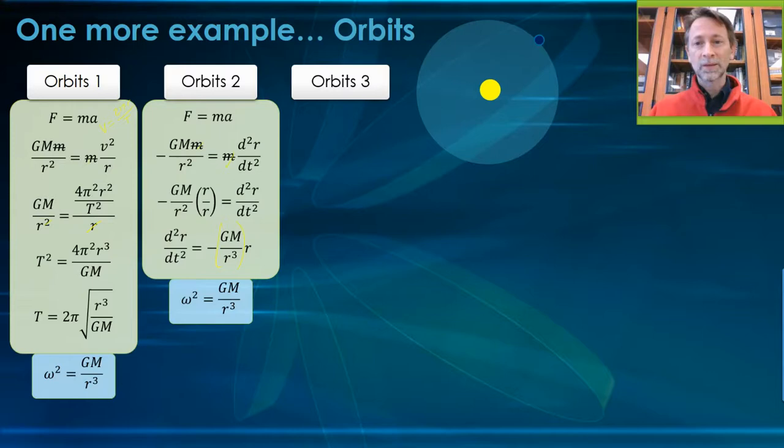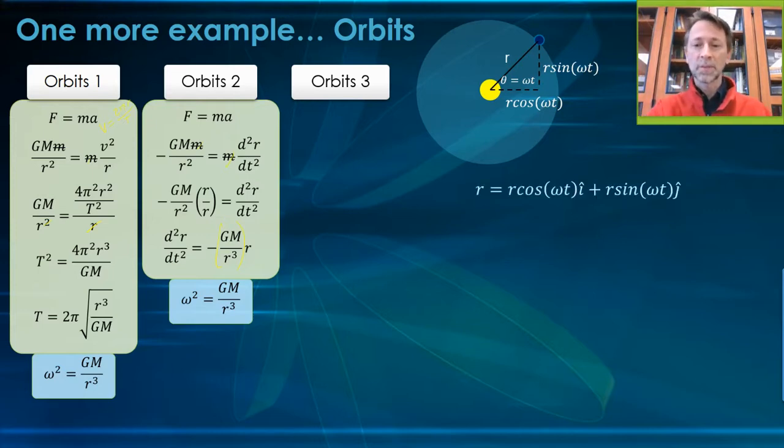Now, the third way that we can do this is kind of an interesting mathematical proof. If we look at this and say, hey, there's this r value here, and remember that our theta is going to be omega times the time. So we can say that the x value is r cosine theta, the y value is r sine theta, and then that theta has to be omega t.